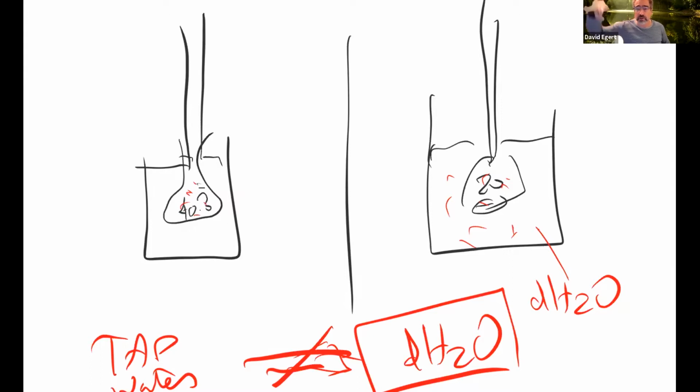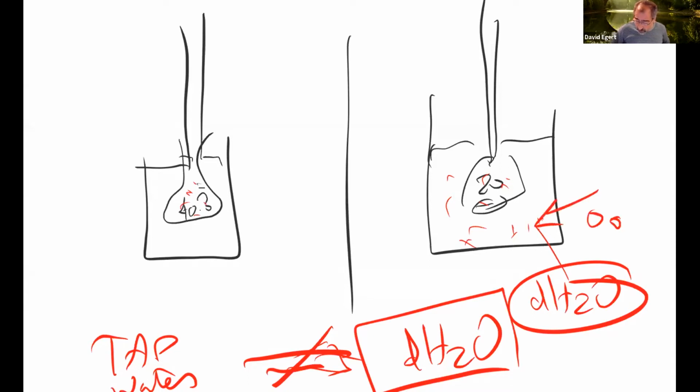You start depositing calcium carbonate and things like that. So we're going to use distilled water to control for the solutes. Make sure that outside it really is 0 osmolar, because distilled water has got nothing in it.